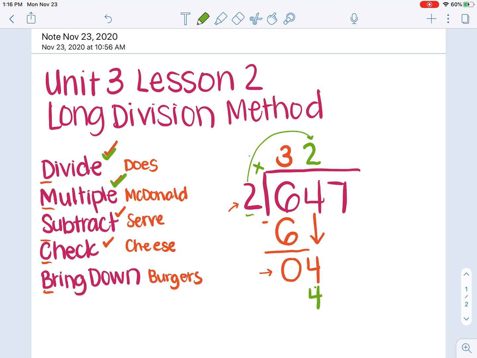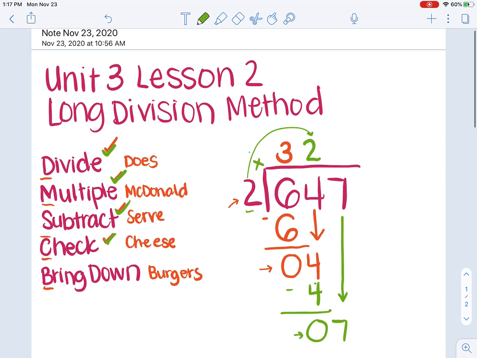Put it right down below. Now I'm going to subtract. 4 minus 4 is 0. Now I'm going to check. Is 0 smaller than 2? Yep. So now I can bring down all the way down here.